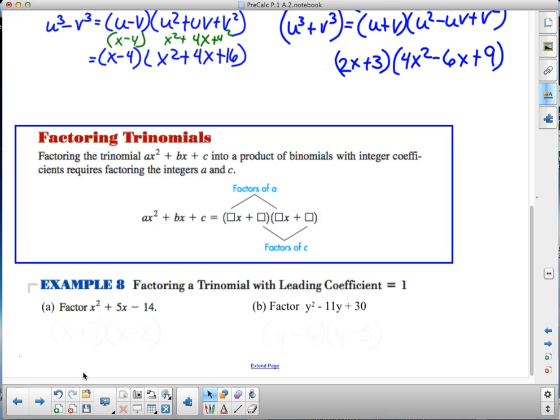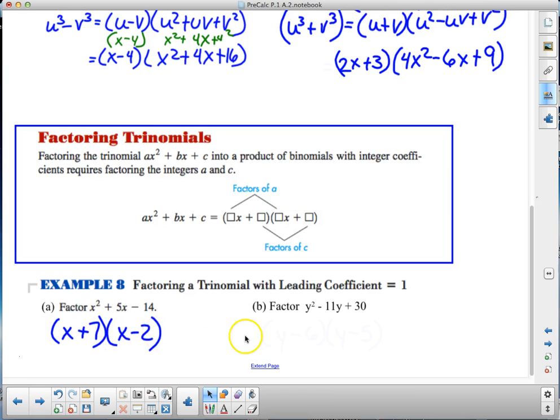The reason I said negative 14 is you have a plus and a minus. Two numbers that multiply to 14 are 2 and 7. If one of them's negative, it could be 5. The smaller one is negative because the sum is a positive 5. So I've got x plus 7, the larger one's positive, and x minus 2.